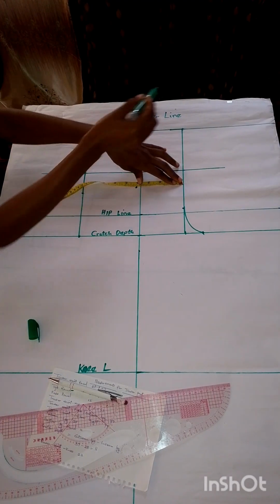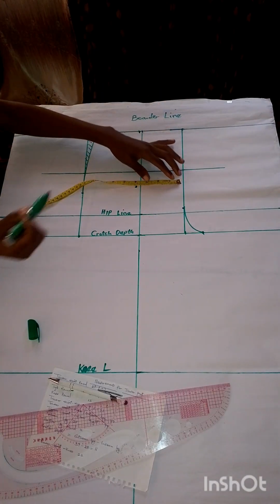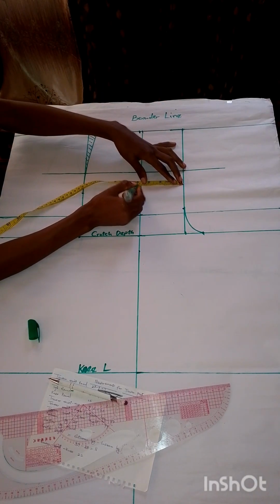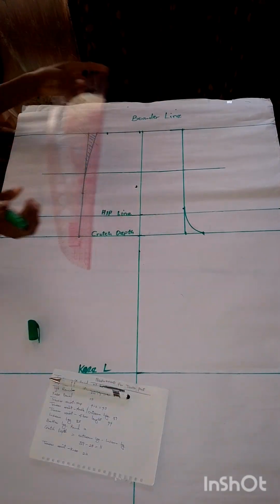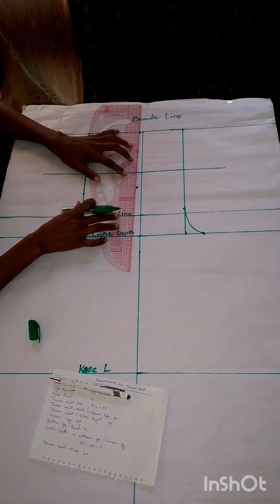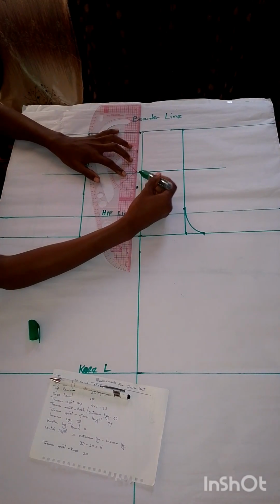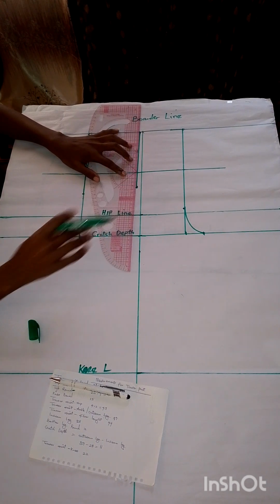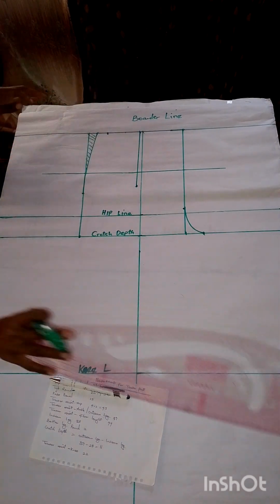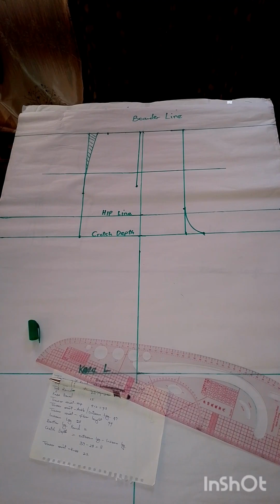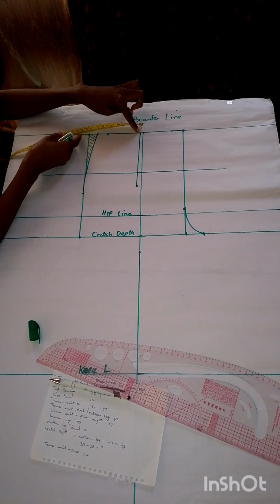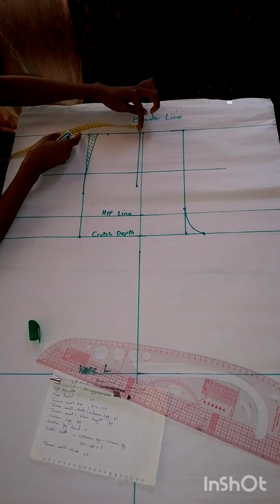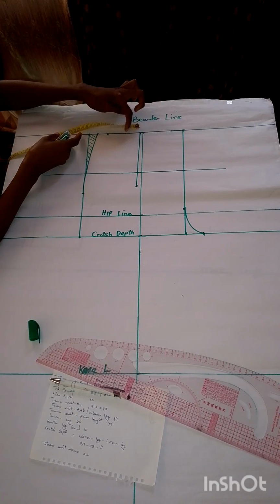I'm marking the 4 inches that I marked up here, so I'm marking it right there. Then I'm going to be drawing a straight line down to the 1.5 we came down with. Then I'm going to be drawing a straight line like so. Then the next thing we are going to be doing is on that 4 inches that we measured when we divided the waistline.